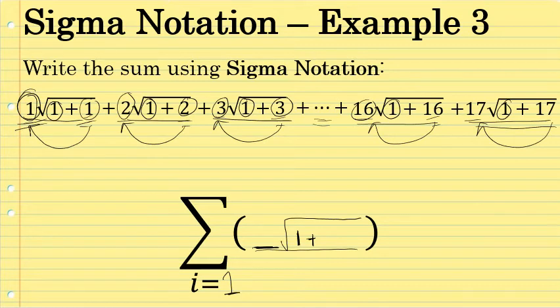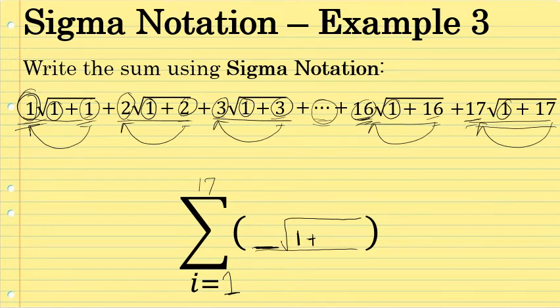It increases to 2, then 3, then dot, dot, dot, which indicates it continues in that pattern, 4, 5, 6, 7. And look at the last two values, 16 and then 17. 17 is the upper bound of the sum. This is a sum from i equals 1 to 17 of, now let's think about the expression.